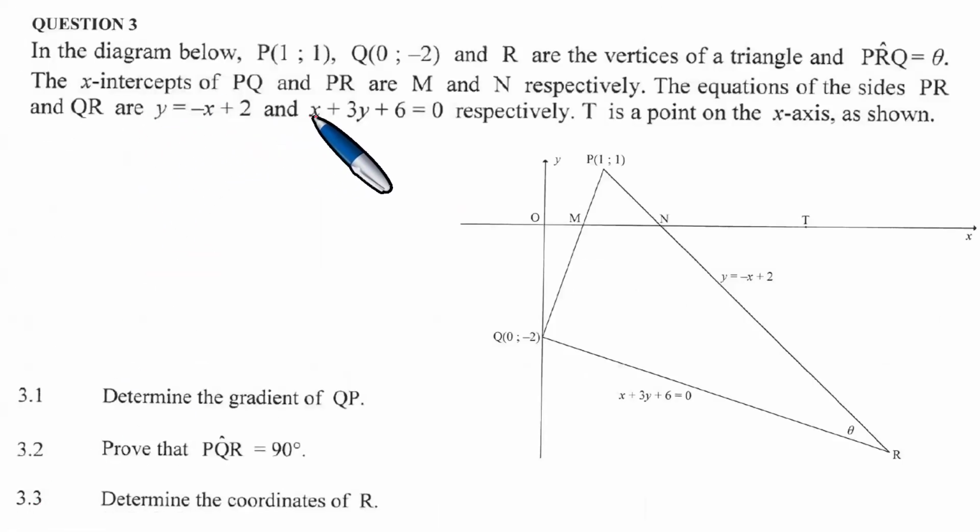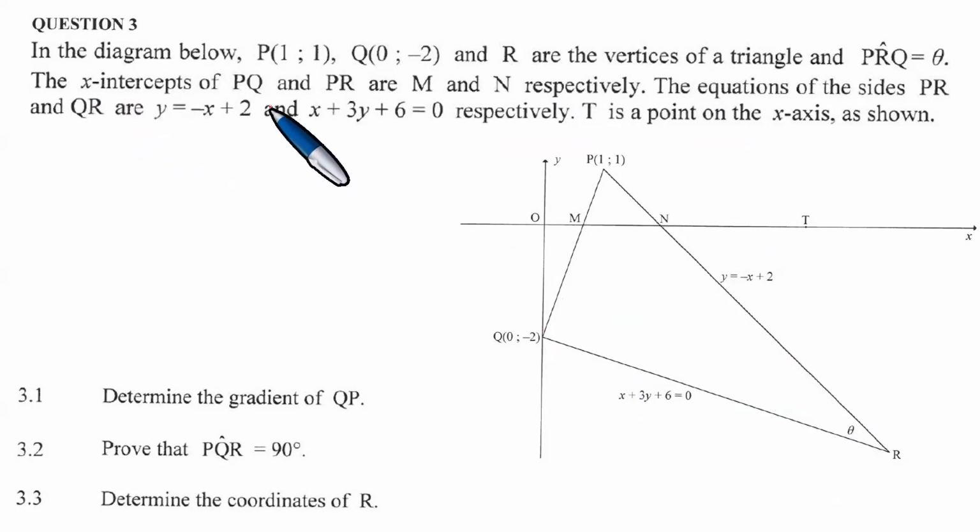In the diagram below, point P has the coordinates (1, 1), Q has the coordinates (0, -2), and R are vertices of a triangle, and PRQ equals theta.